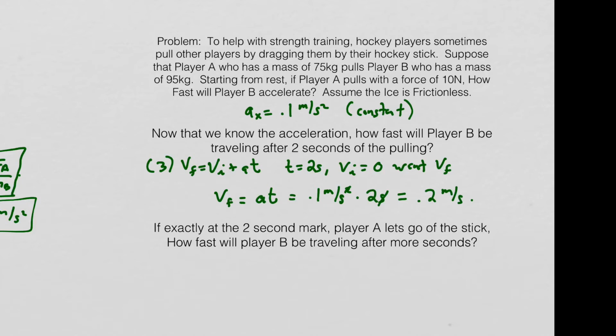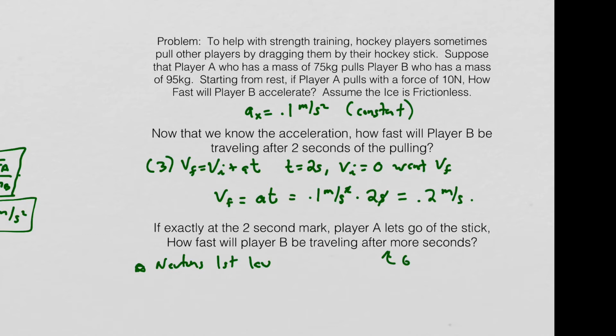Lastly, if exactly at the 2 second mark player A lets go of the stick, how fast will player B be traveling after? That was supposed to be a 6 there, but it looks like it didn't carry over from the slide. But we know that we can simply here apply Newton's first law. After 2 seconds, if you let go, there's no forces acting on it, so an object in motion will remain in that motion unless acted upon by an external force. The ice is frictionless, so there's no force there.